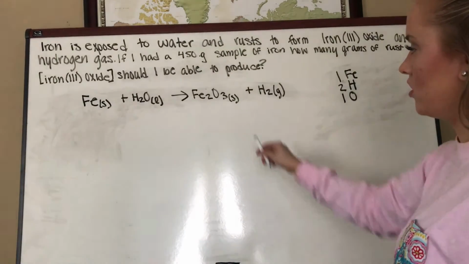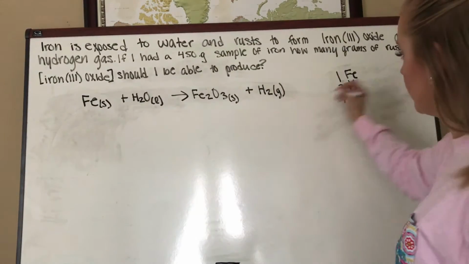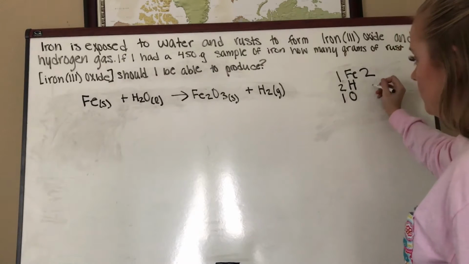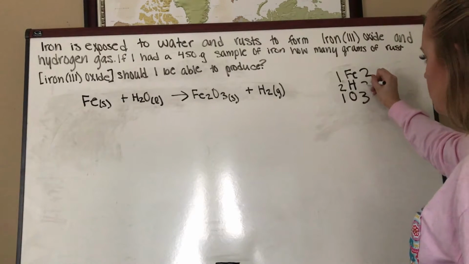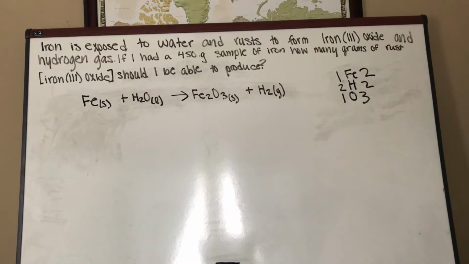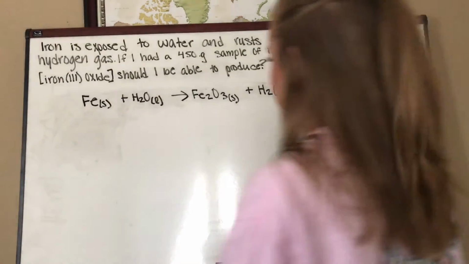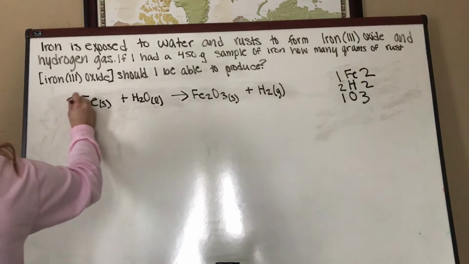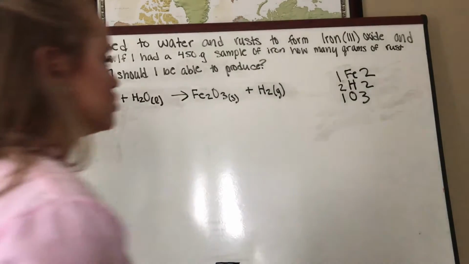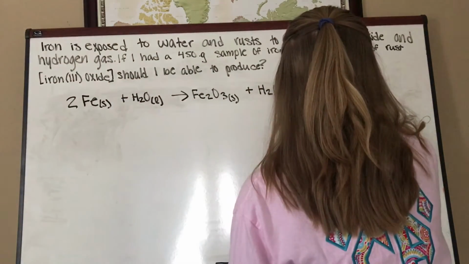On the right side, the products, we have 2 iron, 3 oxygen, and 2 hydrogen.